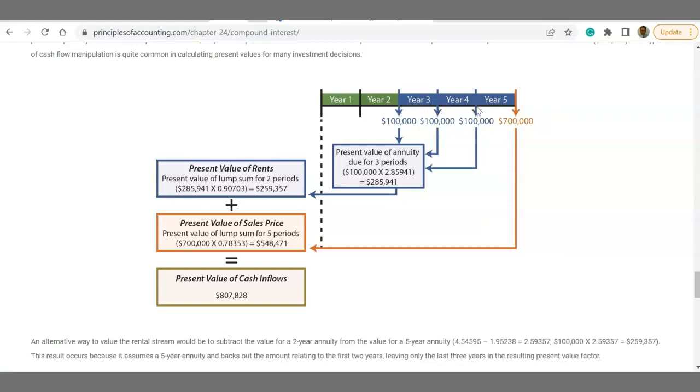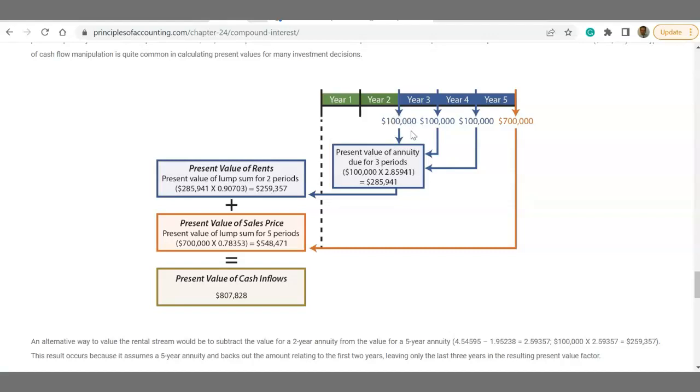Because this is the beginning of year 3, year 4, and year 5, you can calculate at this point the present value of annuity due.